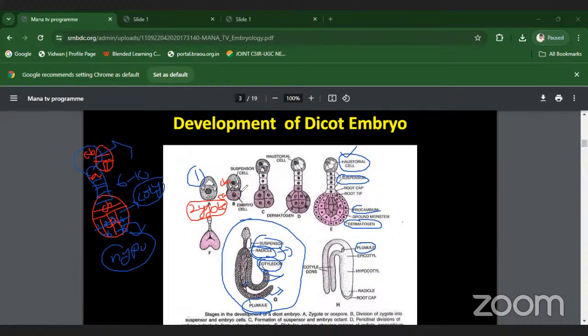You don't get confused here. You can write CA and CB or CB and CA, based on the micropylar and chalazal sides. Chalazal side CA, micropylar side CB.